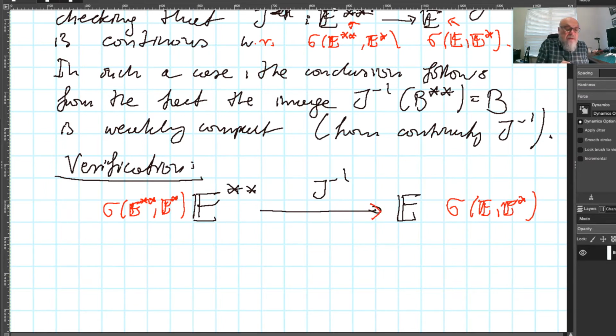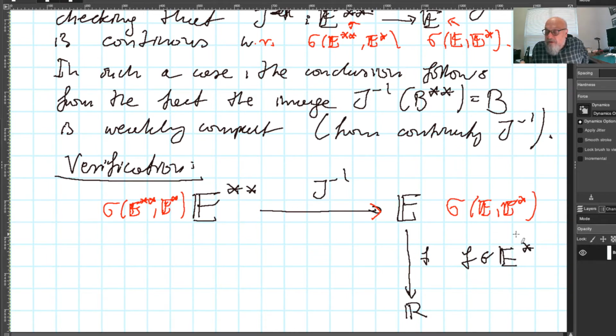So how is it done? Using the fact that the topology on E is defined by the maps F, where F belongs to E star.